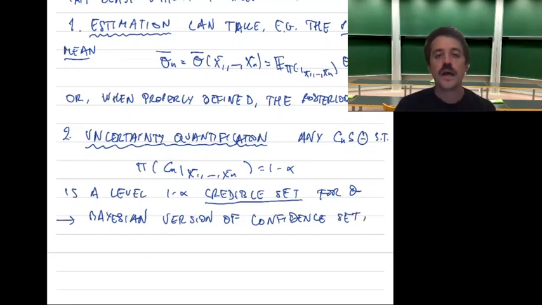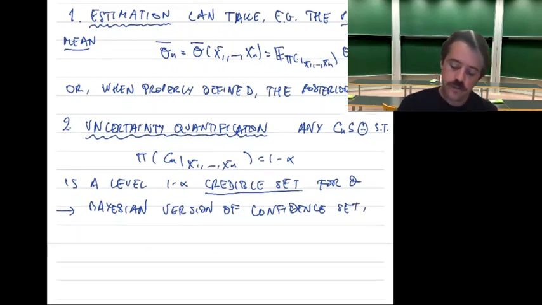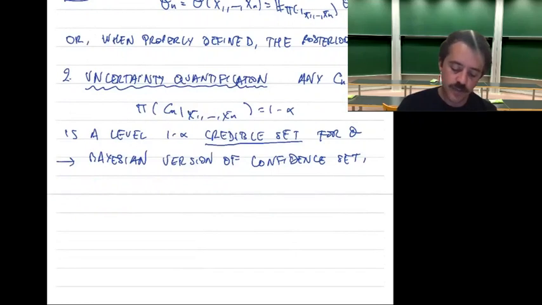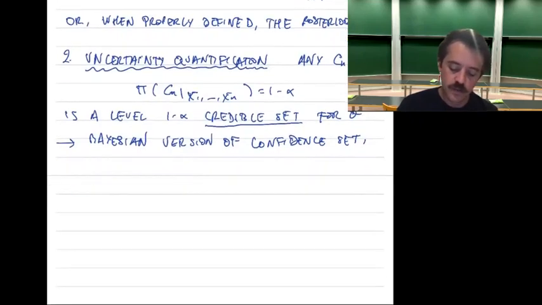If we had a confidence set, then it has a meaning in terms of probabilities, well, the coverage, more precisely.